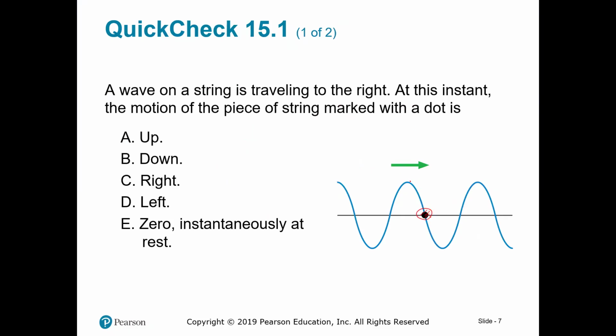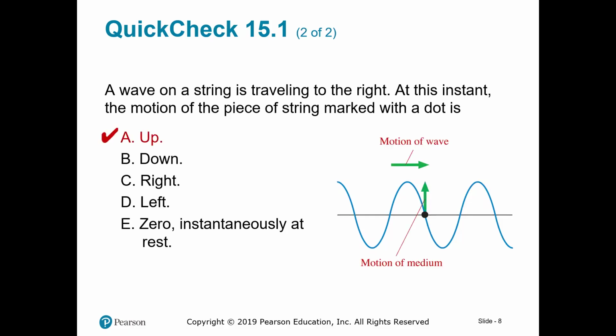The wave itself is traveling to the right. What does that mean? The whole string moves up and down. It seems like the wave crest is traveling to the right, but the actual point of the string is not traveling horizontally. It only moves up and down.